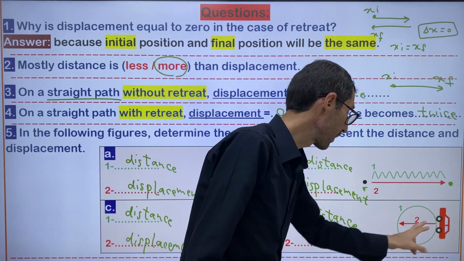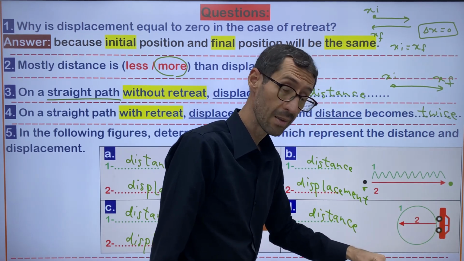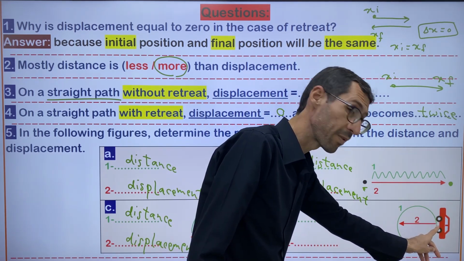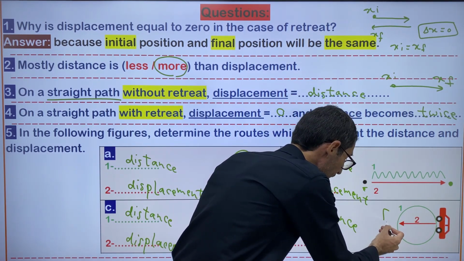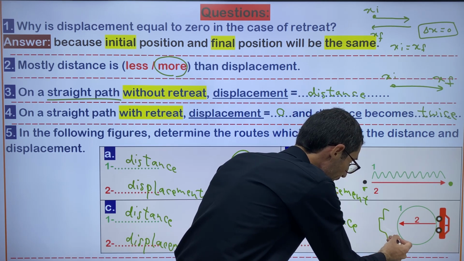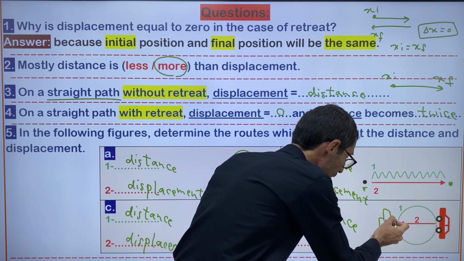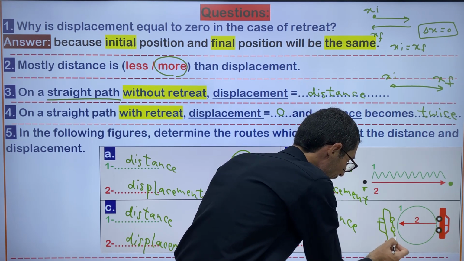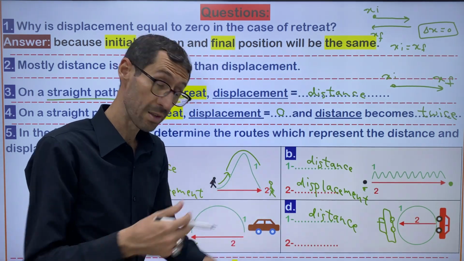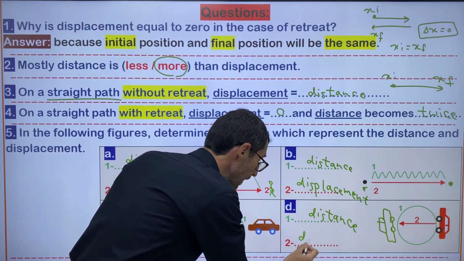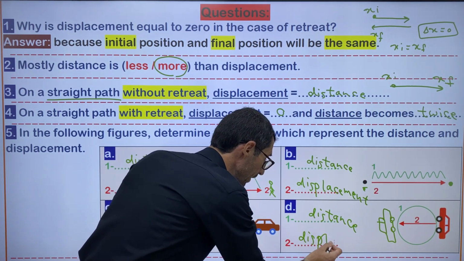What do you say about the straight line drawn from the initial position of the car to the final position? For example, the car reaches here. Whenever the car reaches this position, displacement is considered a straight line. Number two becomes displacement.